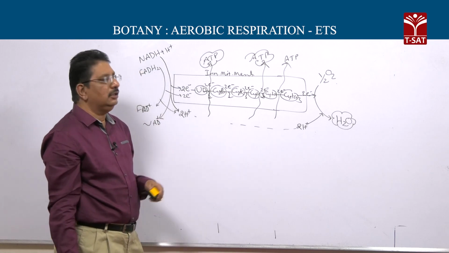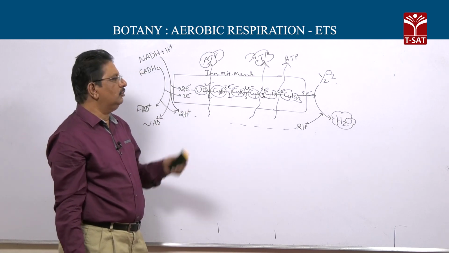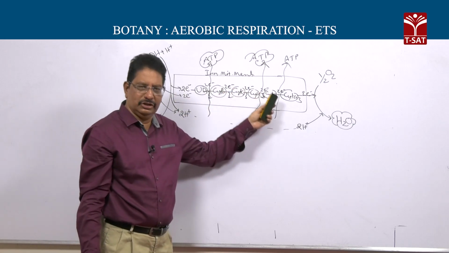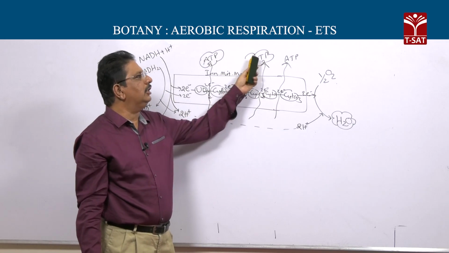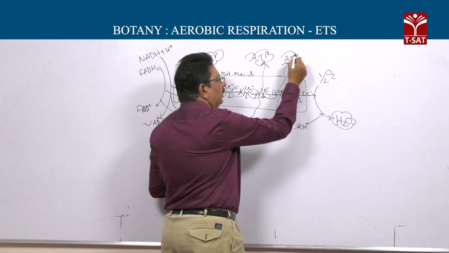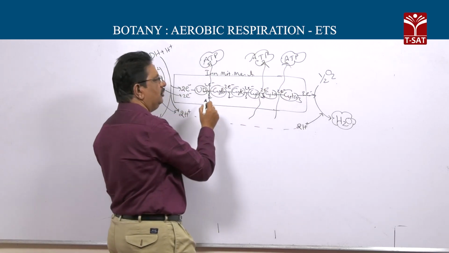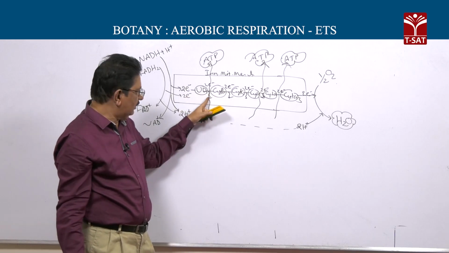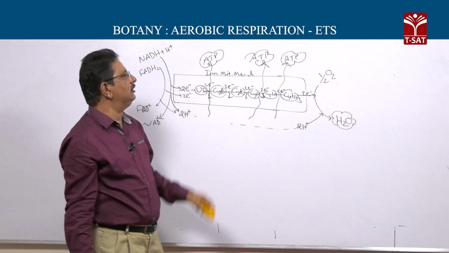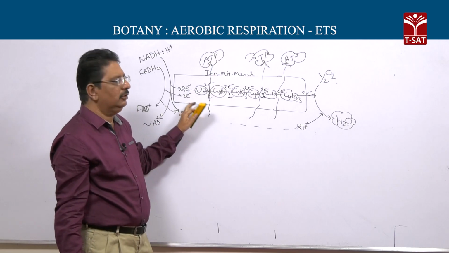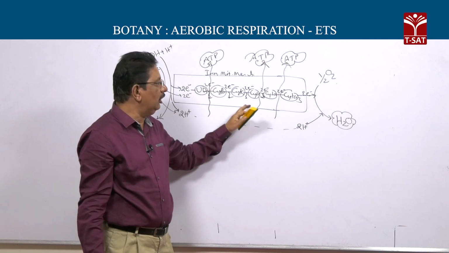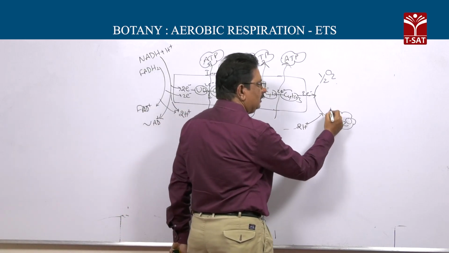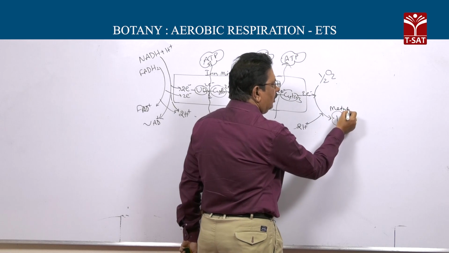That's why this event is known as ETC or ETS, electron transport system, and oxidative phosphorylation. The energy liberated during a series of oxidation and reduction reactions is utilized for synthesis of ATP. So, two events occur one after another. The water that is formed in this reaction is called metabolic water.